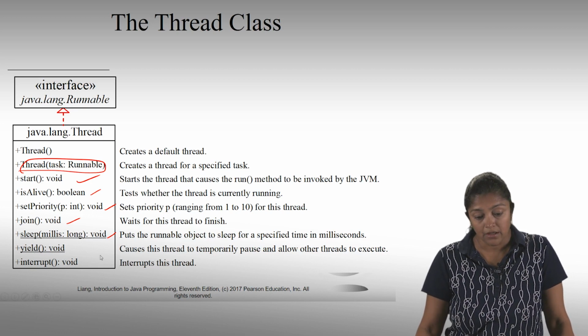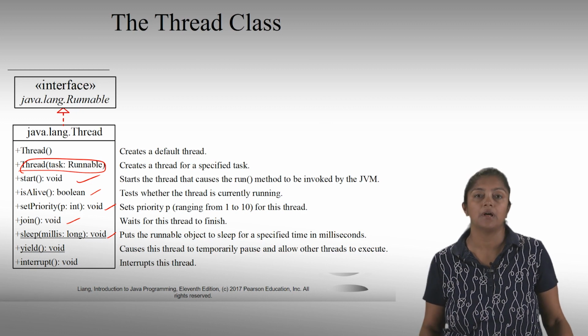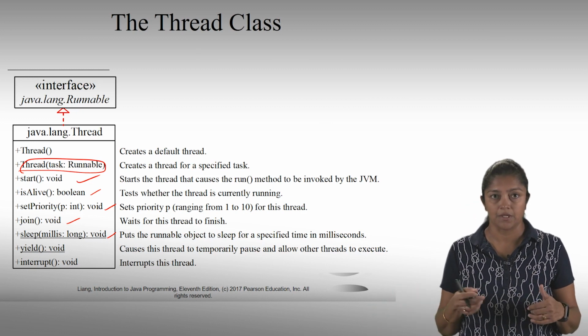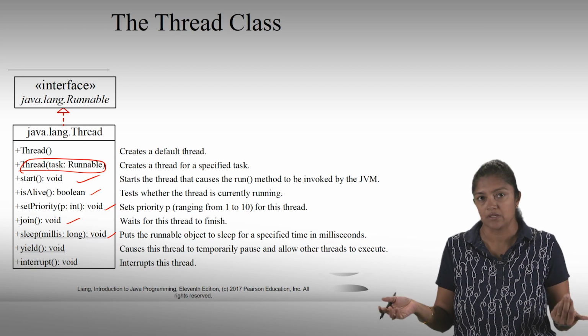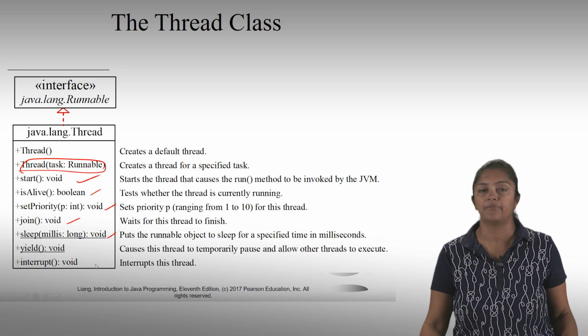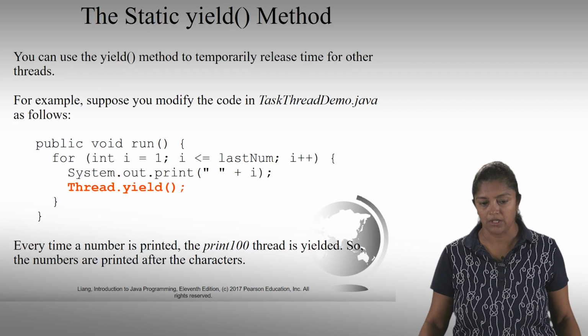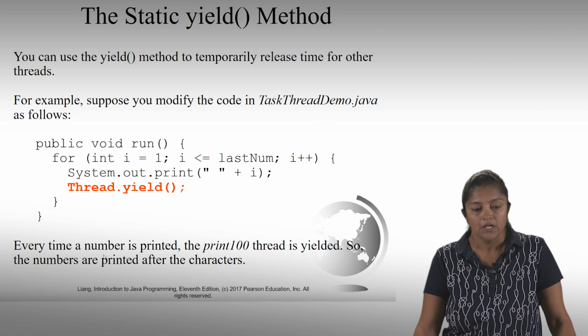Then there is yield. Yield causes the thread to temporarily pause and allow other threads to execute. So basically it's giving its turn away. And then there's interrupt, if you want to interrupt the thread for any reason. So these are some of the useful properties that are there on the thread class.